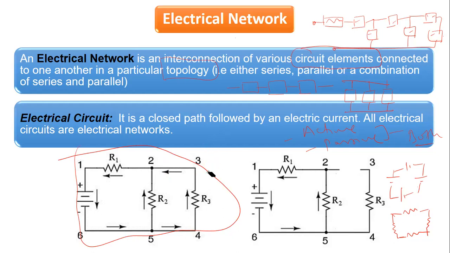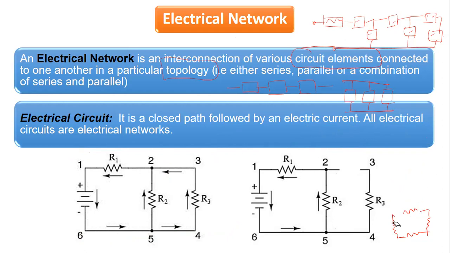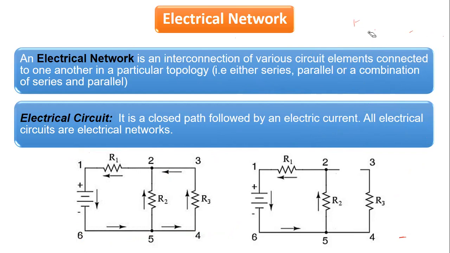I hope it is clear what is an electrical network. I'll repeat, an electrical network is an interconnection of various electrical elements. When we say electrical elements, we mean active elements and passive elements. Active elements, as we discussed in our previous class, are those elements which generate electricity.